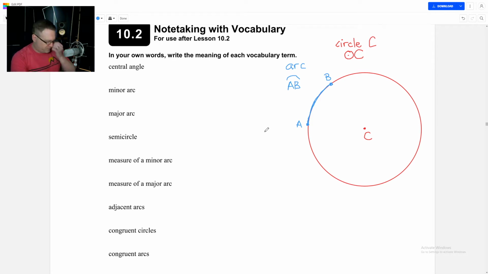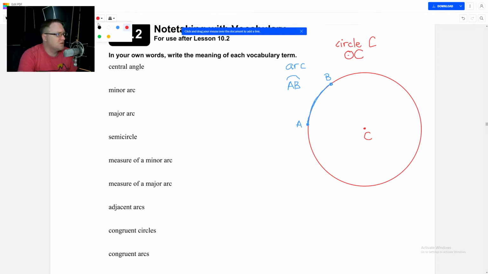Now, if you look at this arc, you'll see that I can draw a line from B to C. Actually, let me do it using the line tool. All right, so I can draw a line from here. Oh, too thick again. I thought I already changed that. All right, one more time.